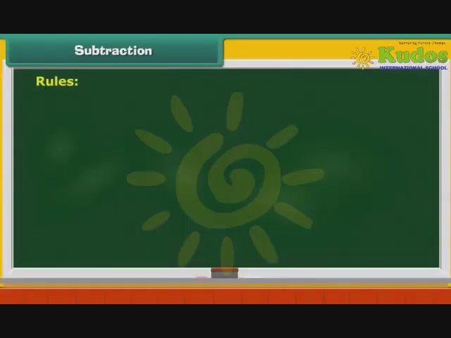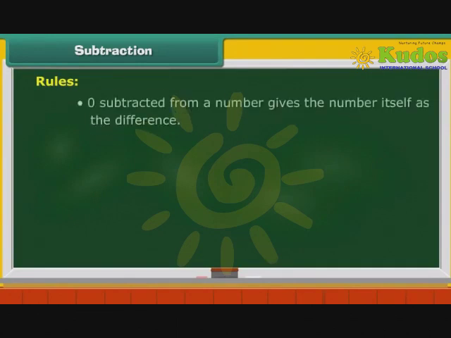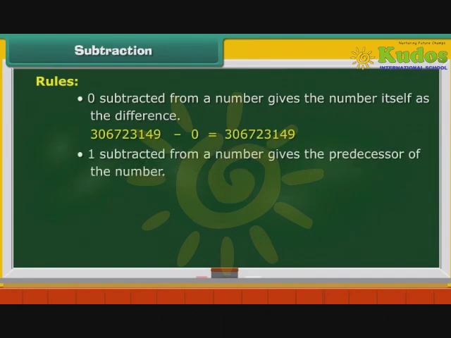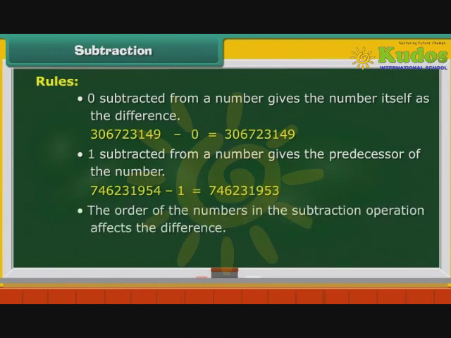Before we proceed, let us look at the rules of subtraction. 0 subtracted from a number gives the number itself as the difference. 306723149 subtracted by 0 is equal to 306723149. 1 subtracted from a number gives the predecessor of the number. 746231954 subtracted by 1 is equal to 746231953.